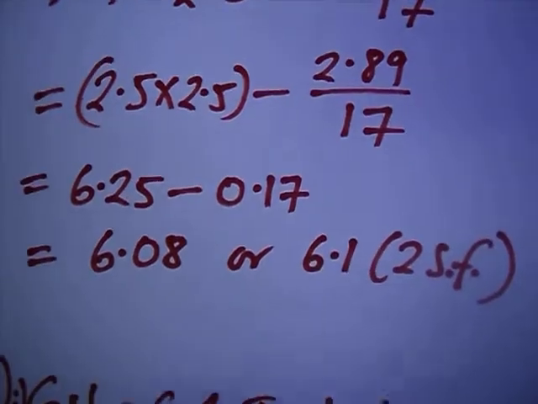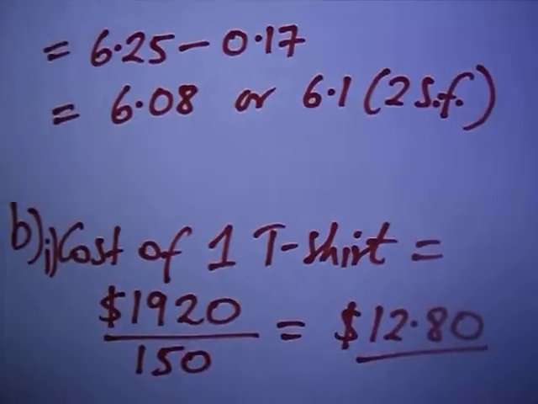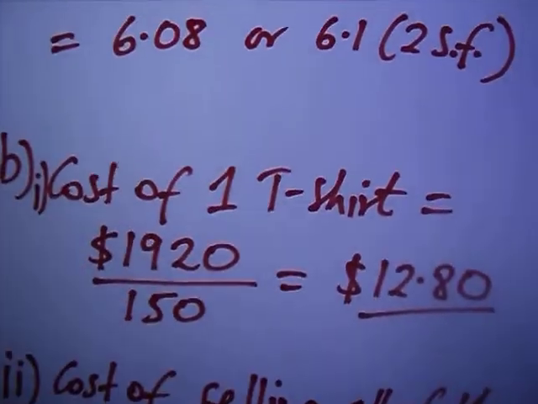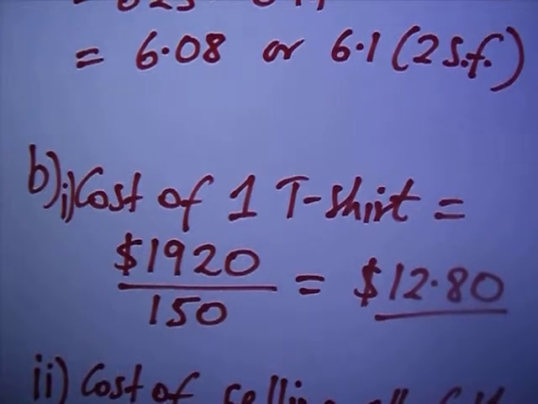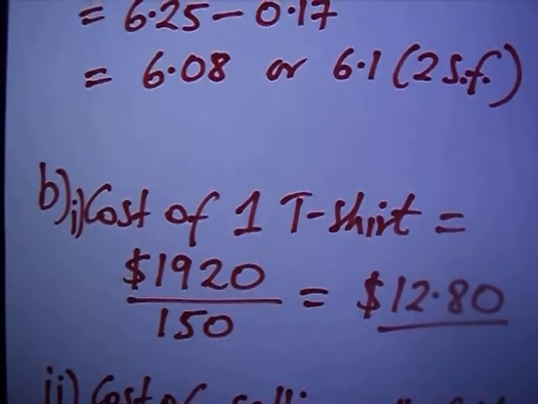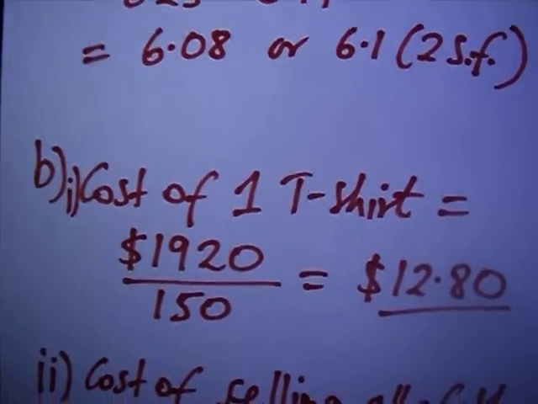Okay, 6.1. Good. Now, B, they tell you that Mrs. Jack bought 150 t-shirts for 1,920 from a factory. Calculate the cost of one t-shirt.